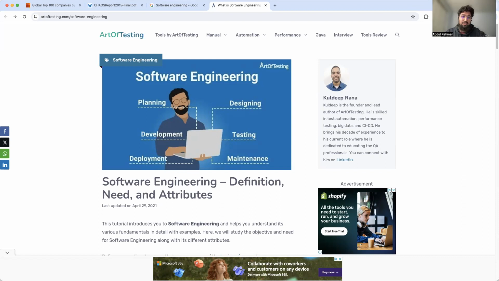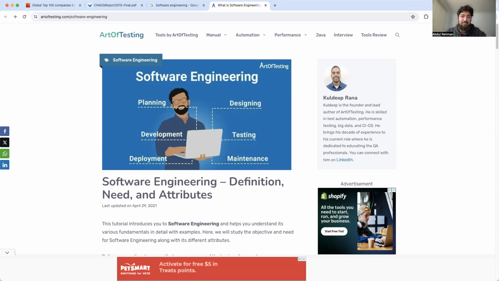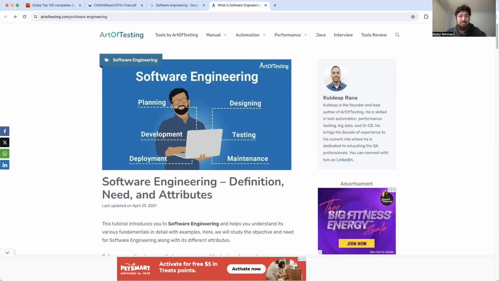So before I go further to explain anything about the topic, I realized that it is good for me to start with a simple definition of software engineering. In simple words, I would say software engineering is a systematic application of engineering approaches to the development, operation, or maintenance of software.